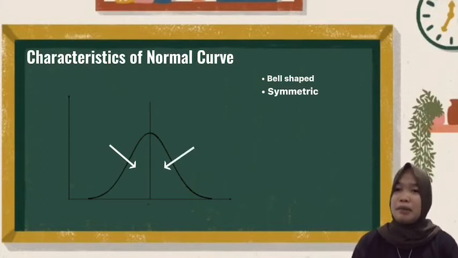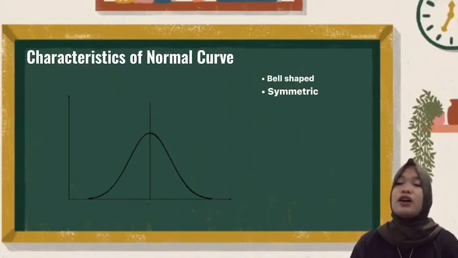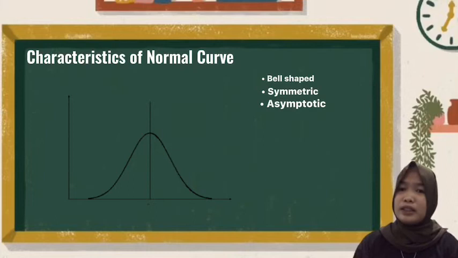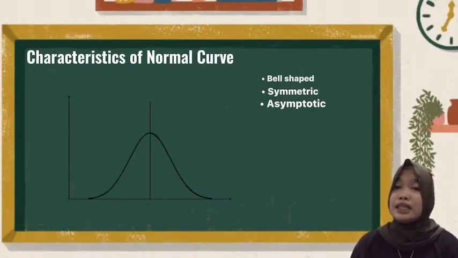What you see to the left is what you see to the right. That is symmetrical. Now, the next characteristic of the bell-shaped or normal curve is asymptotic. So, what do we mean by asymptotic? Meaning, it does not touch the x-axis.